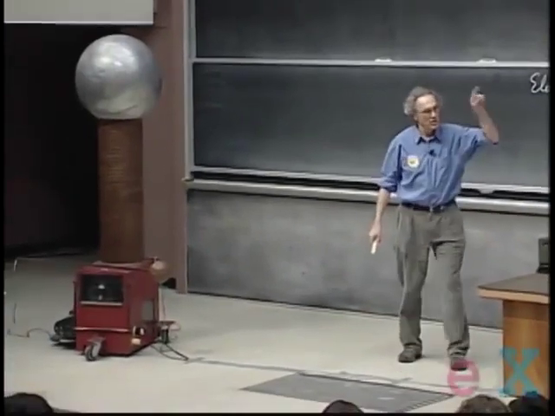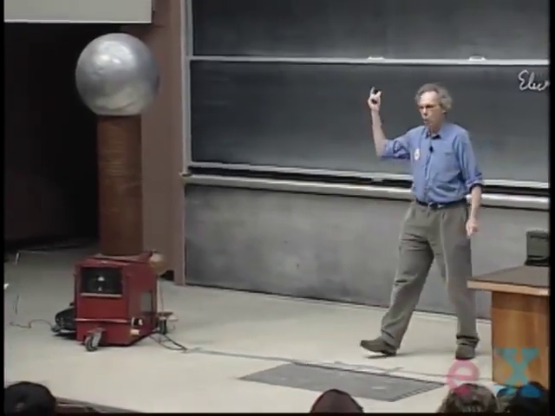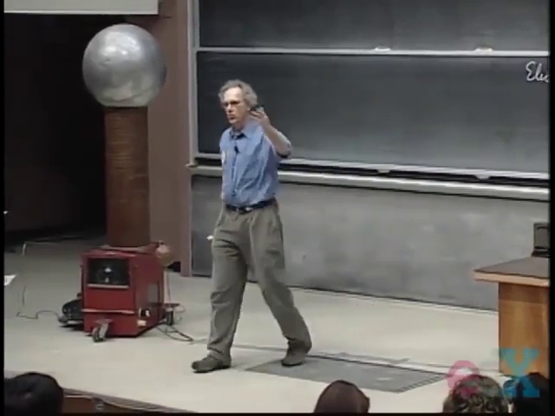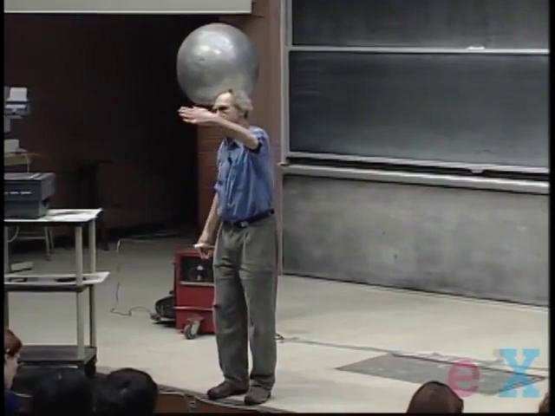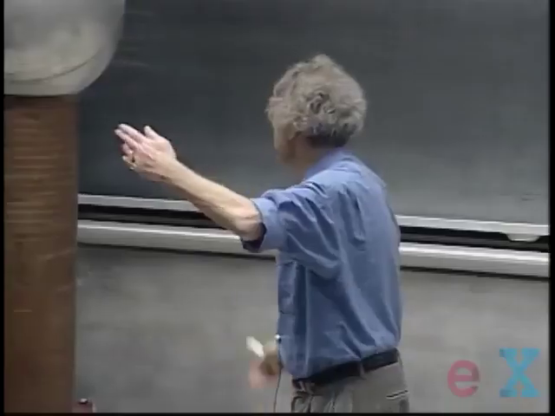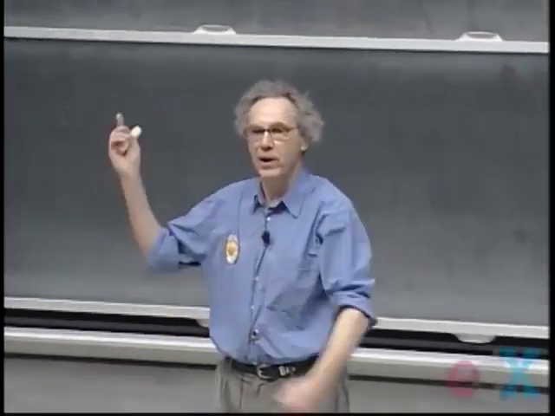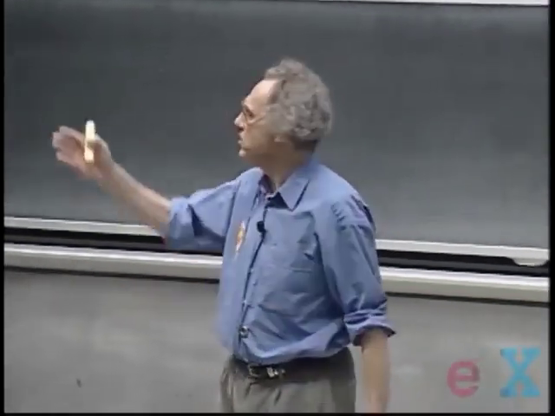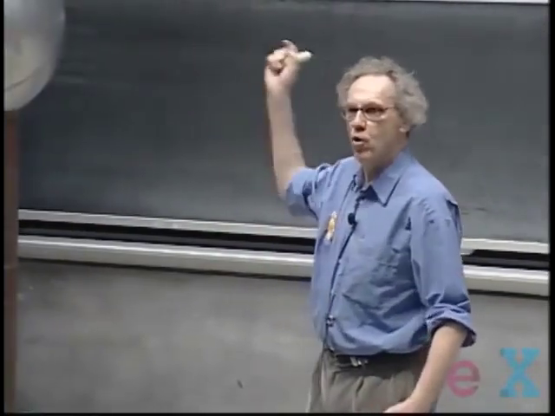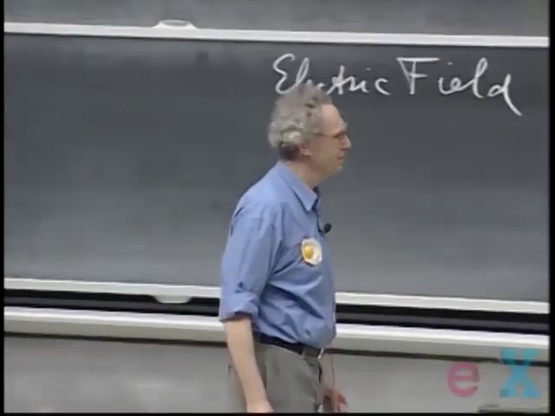I could have chosen the same Van de Graaff, but there's a reason why I picked this one. And as I walk around this Van de Graaff, you will see that this fishing rod, at the end is this dipole, that the dipole always wants to go radially inwards or outwards, depending on how you look at it, of this field. So I can probe this field and make you see for the first time that there is indeed, somewhere here, a strong radial field going in or out of the Van de Graaff.